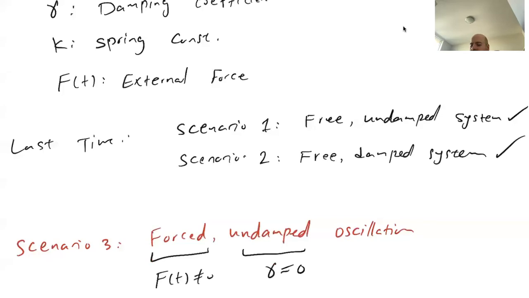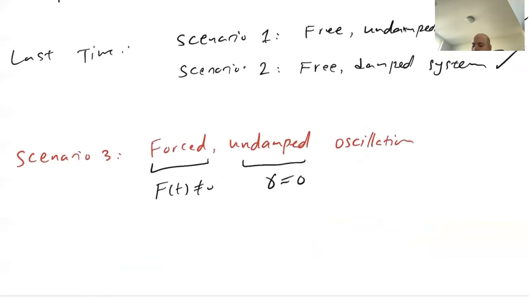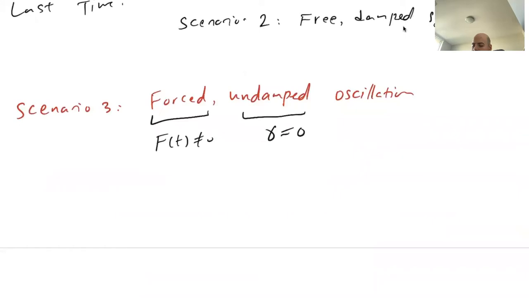So in this scenario, what will be our ODE? Look at this ODE. This is the general case. If gamma is 0 and f of t is non-zero, then we can write this equation as follows.